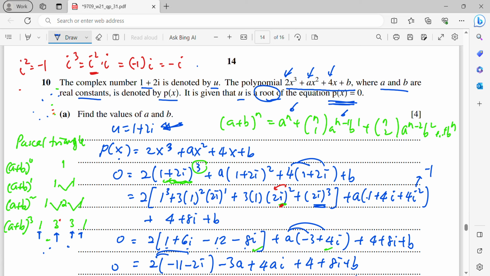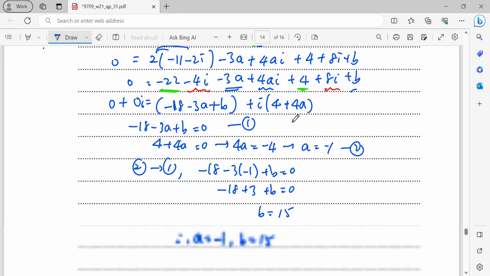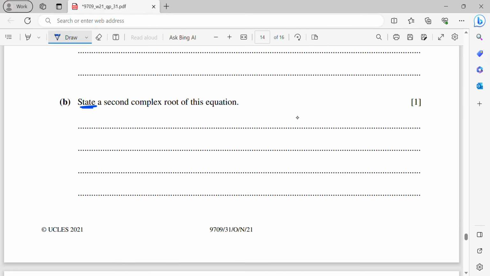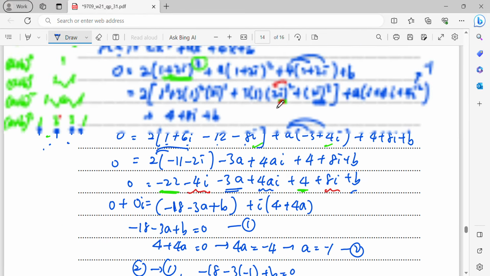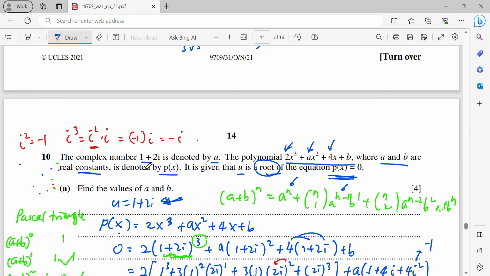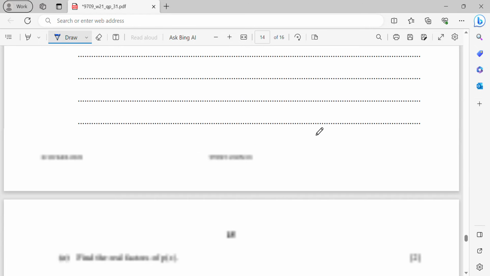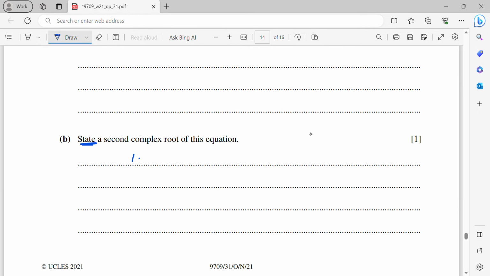Okay, that's why the question just asks state the second complex number. So just now was 1 plus 2i. So now the conjugate will be 1 minus 2i. So I will just write 1 minus 2i.